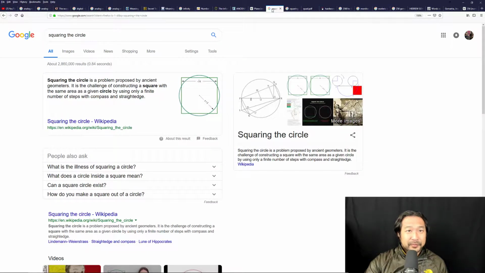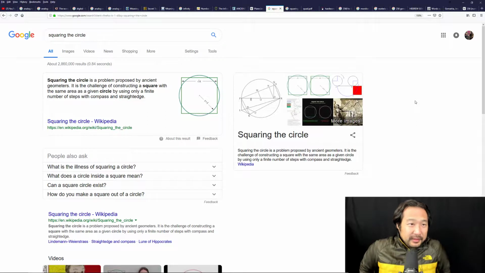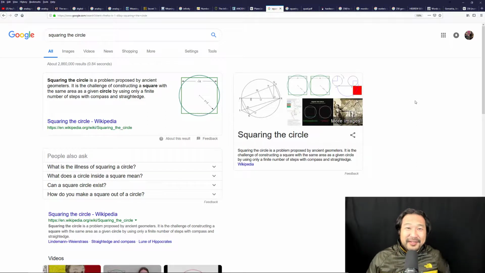So squaring the circle has always been a problem proposed by ancient geometers, and it's a challenge of constructing a square with the same area as a given circle by using only a finite number of steps with compass and straight edge. Of course, I did videos on Marty Leeds. I watched Marty Leeds, and you'll definitely want to go on his videos about what the square and the circle is, and Freemasons, and you're going to learn quite a bit.